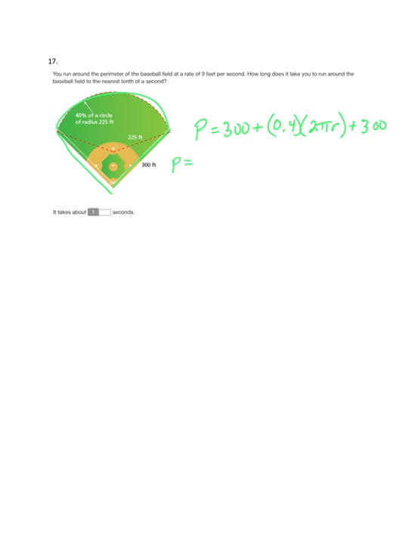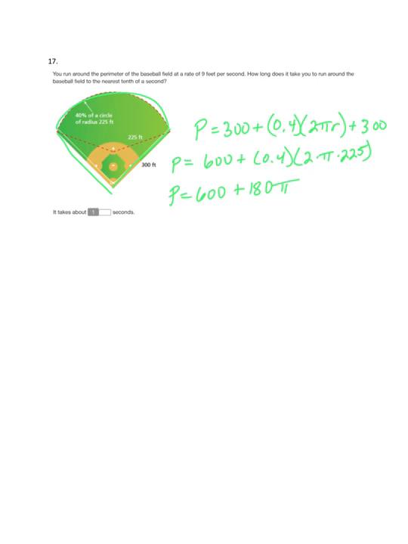So they say that the radius is 225 feet. So I'm going to go ahead and combine the 300 plus 300 is 600 plus 0.4 times 2 times pi times 225. So 225 times 2 is 450 times 0.4 is 180. So this is 600 feet plus 180 pi.